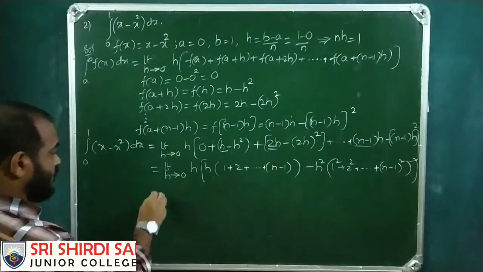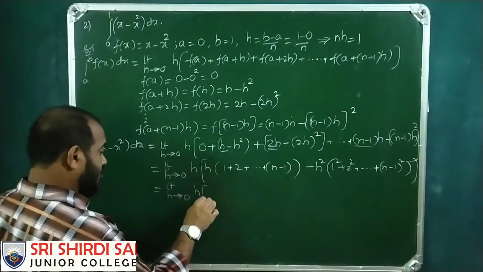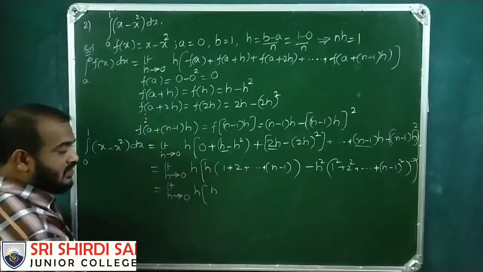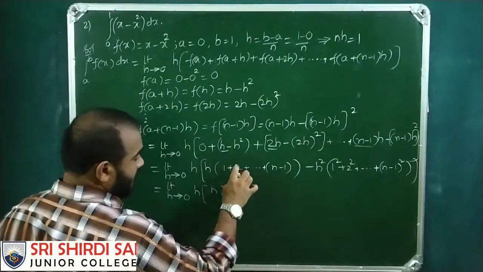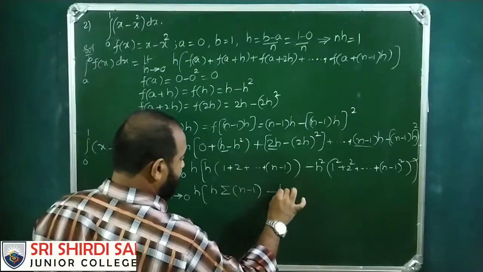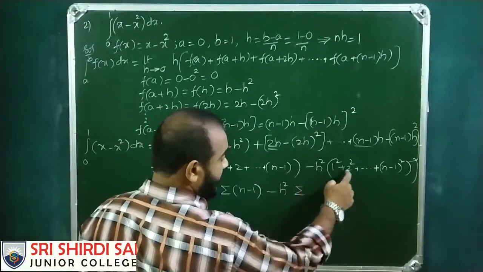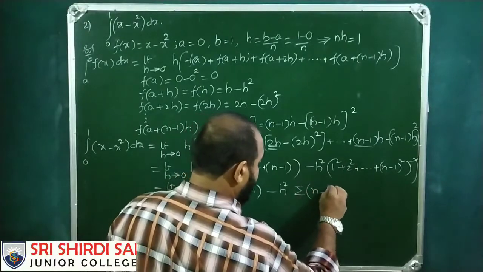This equals the limit as h tends to 0 of h into the sum of n minus 1 terms, minus h square into the sum of squares of n minus 1 terms.